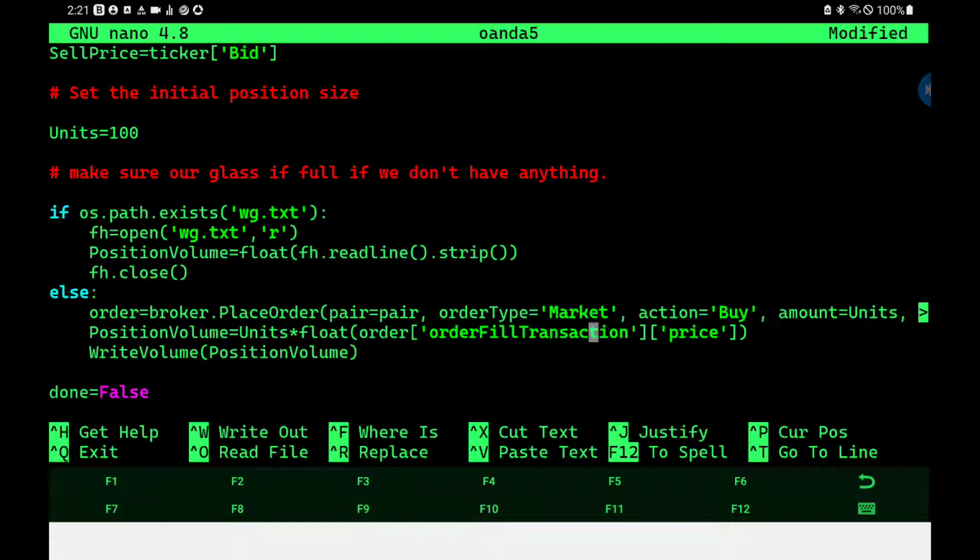And we find out what that price is. This tells you from your order the exact price you just paid. So that price multiplied by the units is your water glass volume.